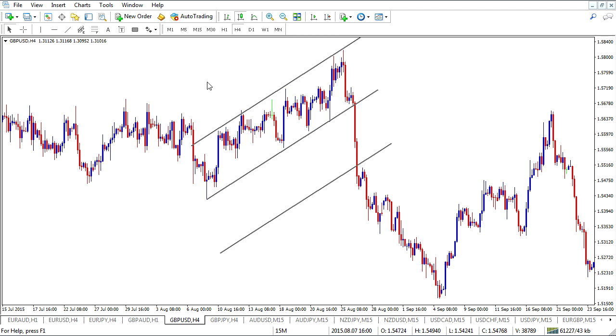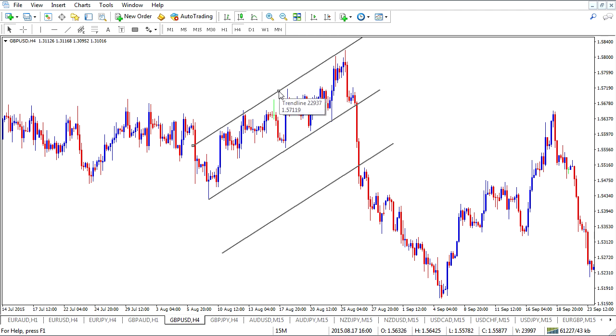Sometimes the channel isn't going to be 100% perfect. And if we see something that's similar, that is really closely related to a channel, generally speaking, it doesn't matter if the market pokes through, doesn't quite get to it, pokes through, and so on. What we can do is limit the channel height to the closest movements.